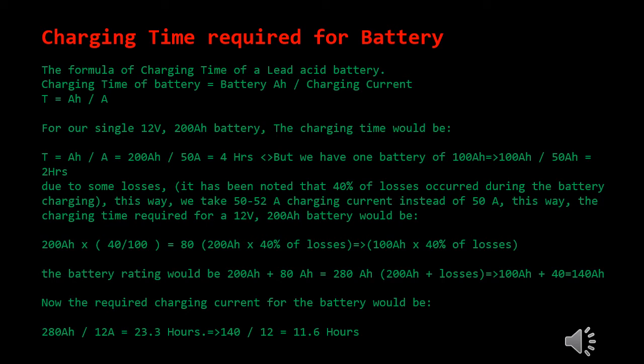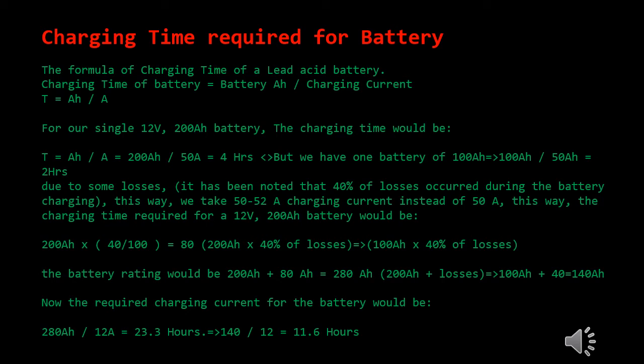But mind you, our circuit is in parallel connection, so these batteries are going to be charging at the same time. So after 4 hours, everything will be done, ready for use. But we have one battery, the half battery, which is 100 amps. Calculate it, the time it takes is 2 hours. It's half of the other one.